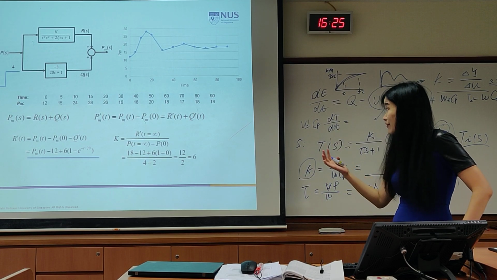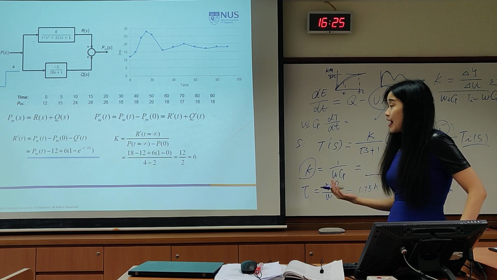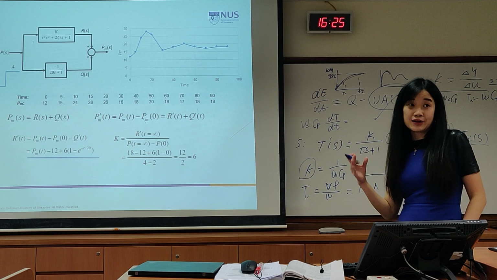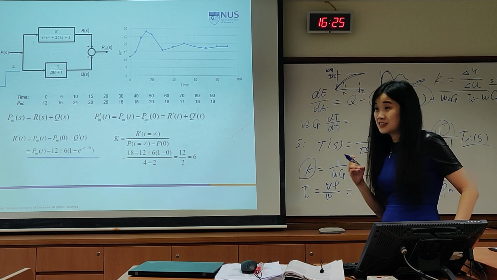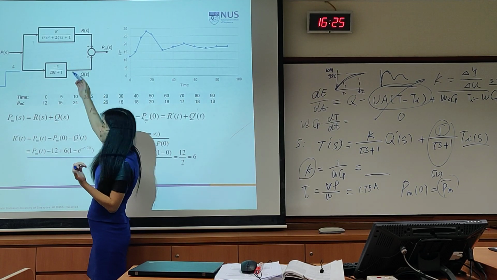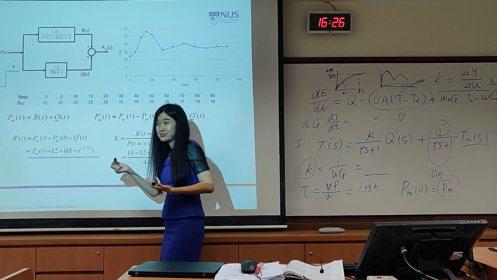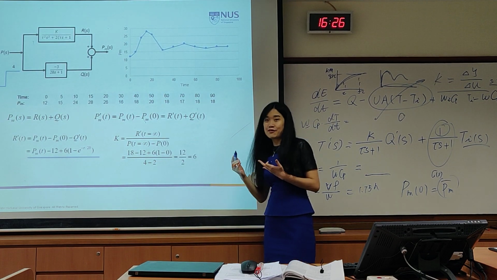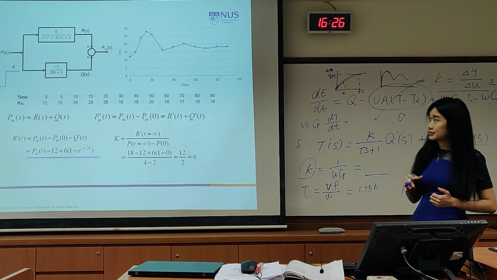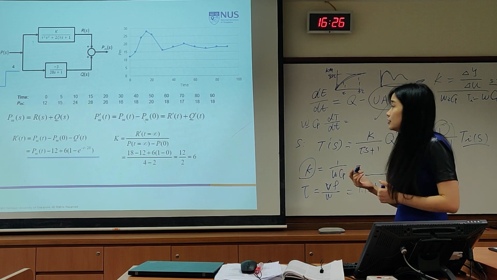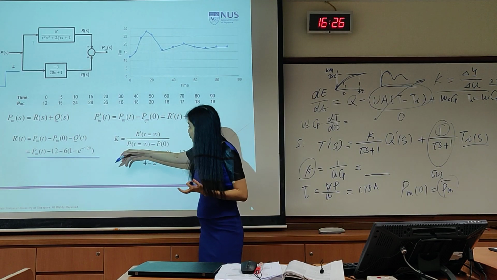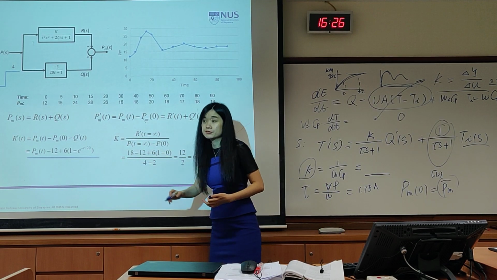So it's directly we can see, because at the final, when time goes to infinity, it means the value is equal to s goes to 0. So when even first order or second order, when s equals 0, the whole thing becomes just K itself. So the value is just K. And also describes that K means it's the final value of the output. It describes how much you amplify the system to get the output.